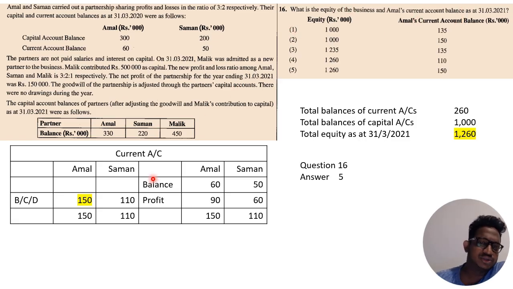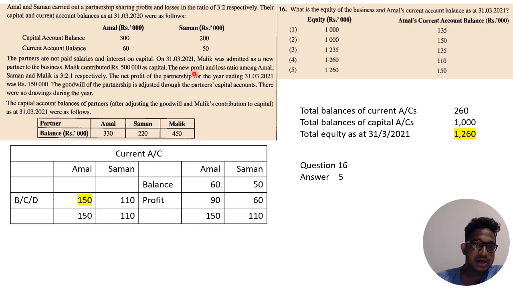In this case, there is no interest on capital and partner salaries, and also there are no drawings. So you are just distributing profit based on the opening profit sharing ratio, because the new partner Malik is joining the partnership on 31st March 2021.